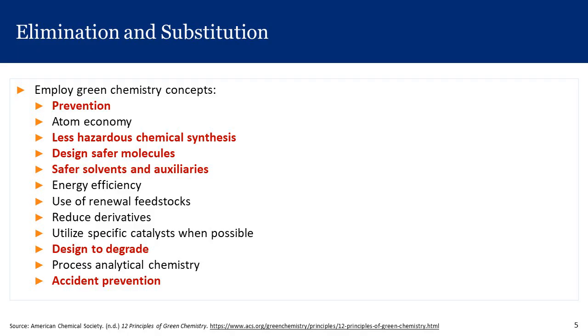They have toxic properties and they do not degrade in the environment. If we can substitute those chemicals with other compounds that do degrade in the environment and do not last, that is beneficial. So if we can eliminate or substitute forever chemicals with other chemicals that degrade, that could be very positive potentially. And certainly we want to design our processes to prevent accidents, as I mentioned with the fluoropolymer synthesis example that I gave earlier.